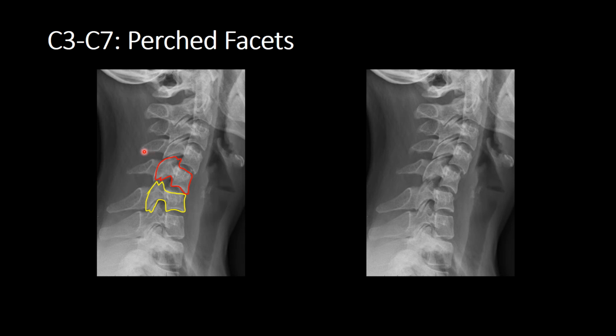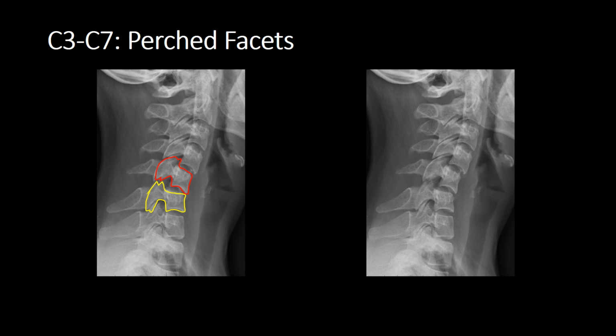So we have a normal C4, C5 interspinous distance, we have a normal C6, C7 interspinous distance, so this is abnormal. So with regards to alignment, we have an abnormal anterior vertebral line, we have an abnormal posterior vertebral line, we have an abnormal spinolaminar line, and an abnormal interspinous distance.